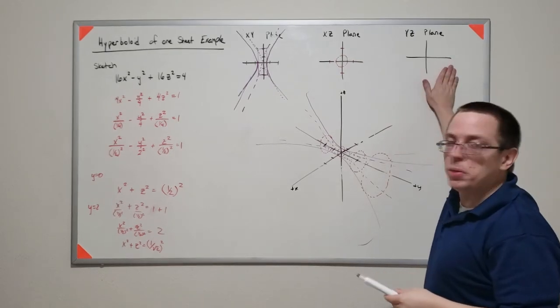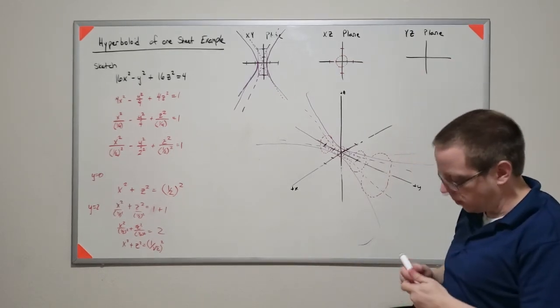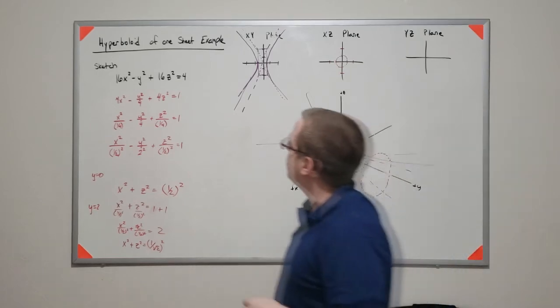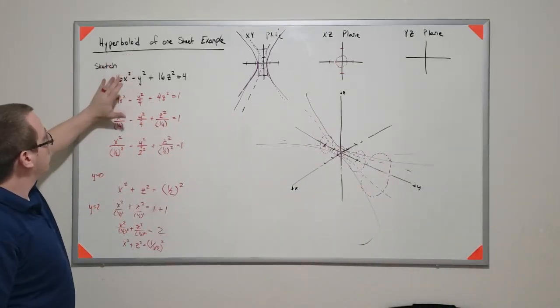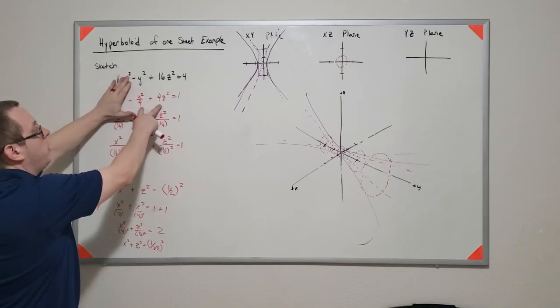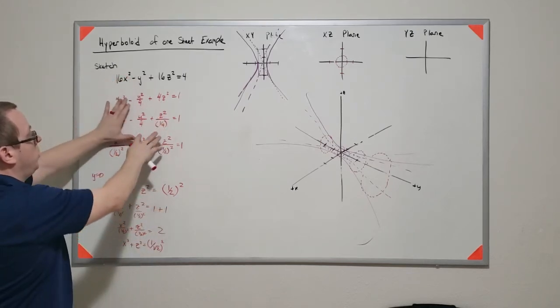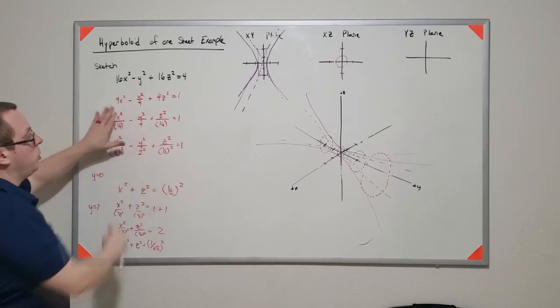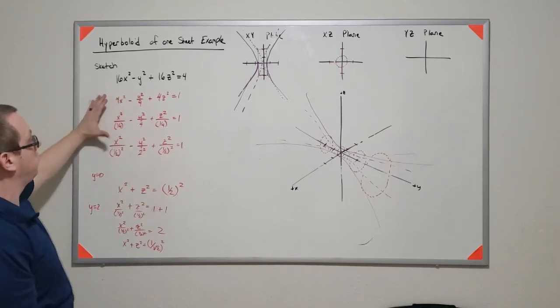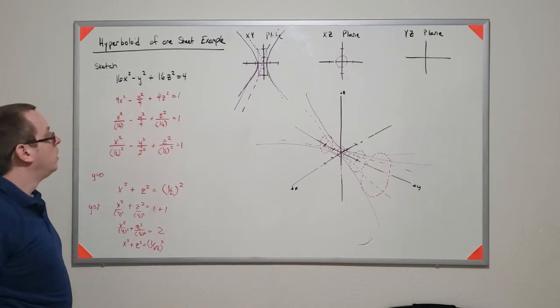Now in the YZ plane, that's going to be the idea where x is 0. So if x is 0, in this particular case, you still have a hyperbola. You're actually going to have a very similar hyperbola to what you have here. It's the same hyperbola.